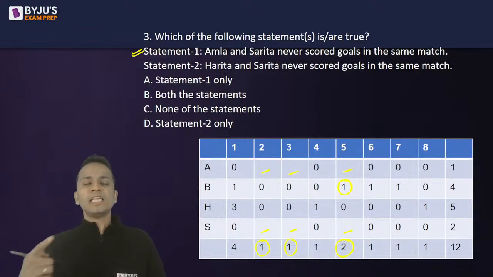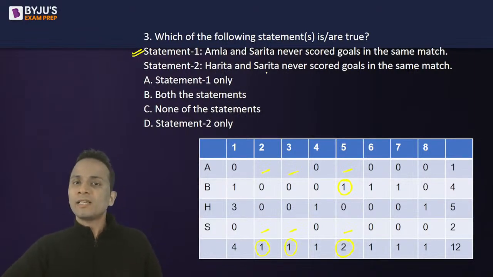Clear? Statement number 2. Harita and Sarita never scored goals in the same match. Now they are saying the same thing about Harita and Sarita. Harita and Sarita have not scored goals in these matches, right? So the first match, it is true. Second match, Harita has not scored. Sarita may or may not score.